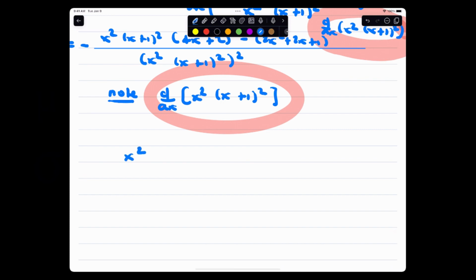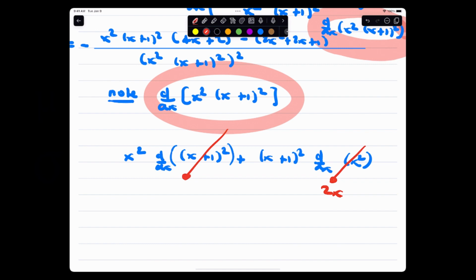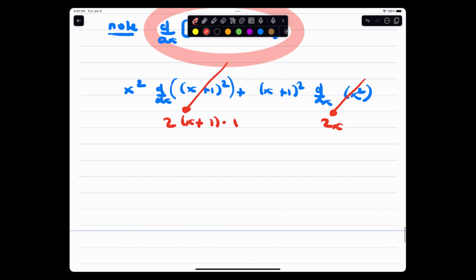So x squared times the derivative of x plus 1 squared, plus x plus 1 squared times the derivative of what? X squared. Don't forget chain rule, okay? So that's going to be 2x squared times x plus 1 plus 2x times x plus 1 squared. Let me double check it all.